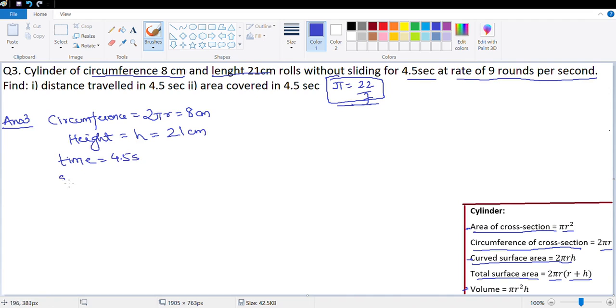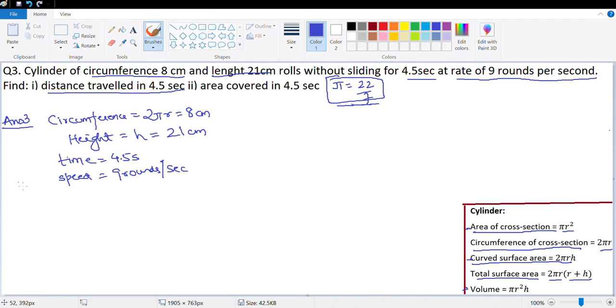So the speed is given as 9 rounds per second. Next, find distance traveled in 4.5 seconds. So what we are saying is, what is the distance traveled? Distance traveled when it's rolling will be equal to the circumference. Yes, so when it rolls once, the distance covered is the circumference.